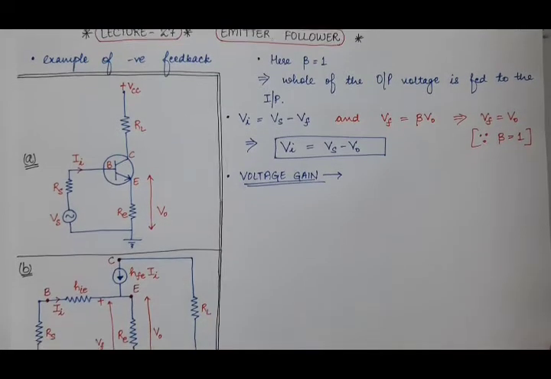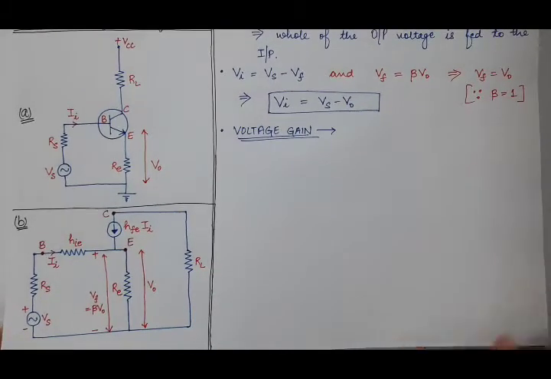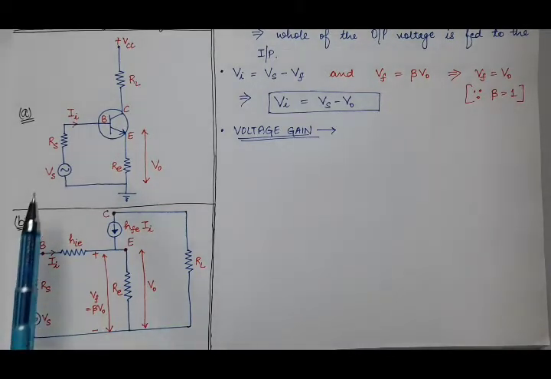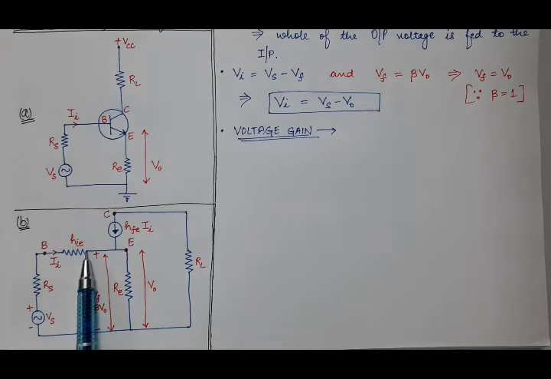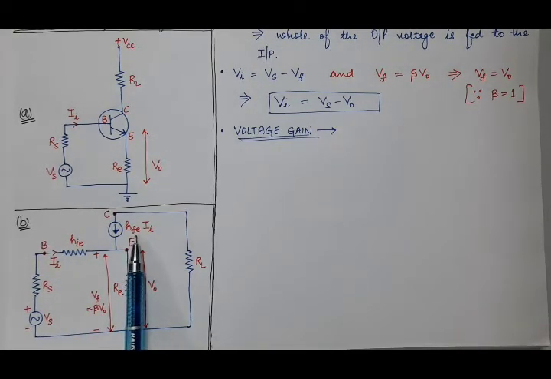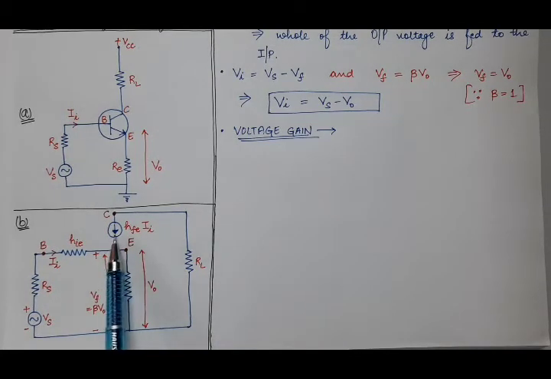And then here we have the equivalent circuit of the emitter follower, where Vs is the input signal voltage, Rs is the input resistance, then using hybrid parameters, hie is the input impedance and hfe is the forward current transfer ratio. Why is hfe into Ii representing a current source?